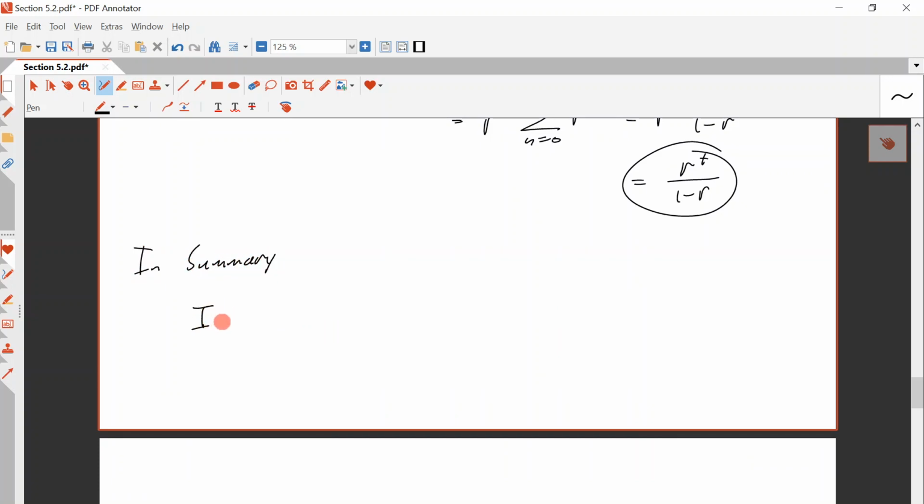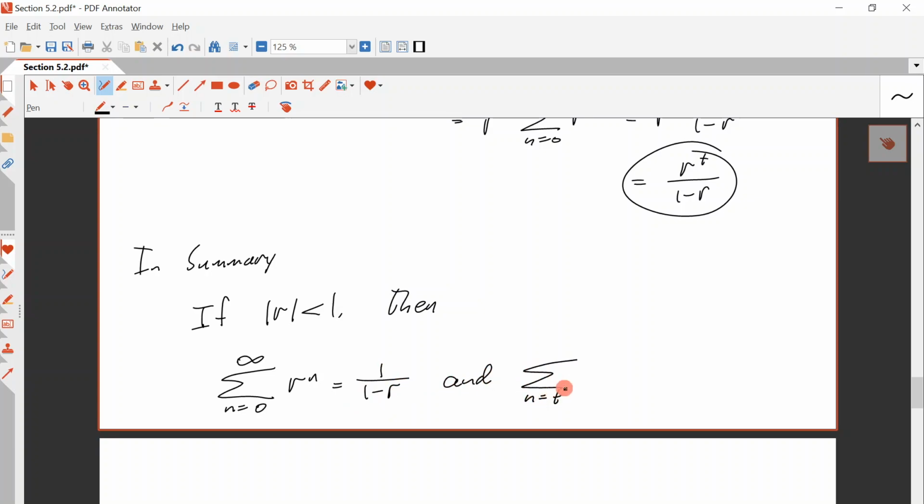In summary, if the absolute value of r is less than 1, then the sum from n equals 0 to infinity of r to the n is equal to 1 over 1 minus r, and the sum from n equals t to infinity of r to the n is r to the t over 1 minus r.